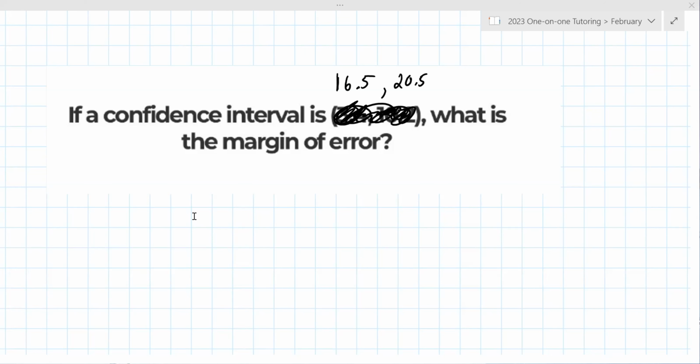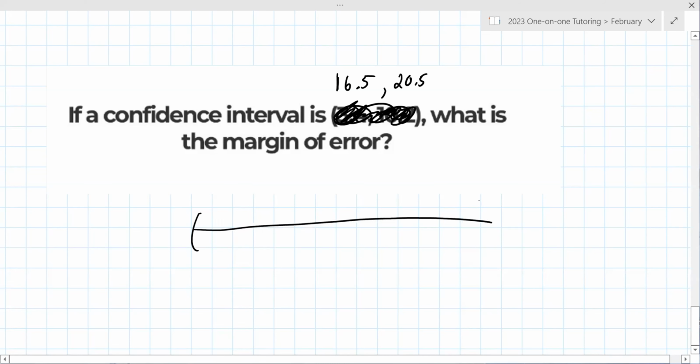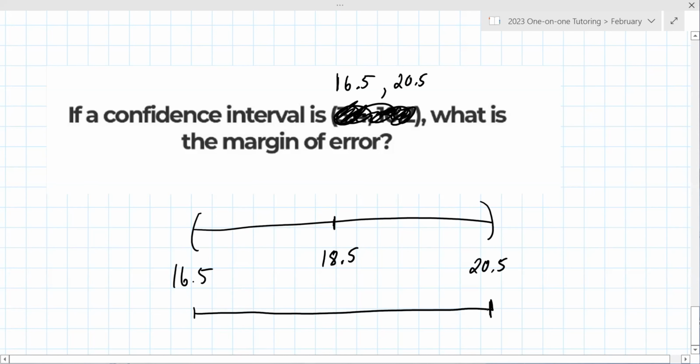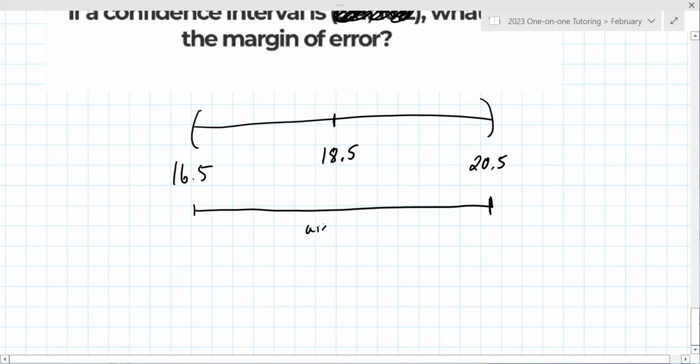So the width is 18.5 and the margin of error is 9.25. The 18.5 is the midpoint. It's right in the middle. The width is the length here. The width is the right minus the left.